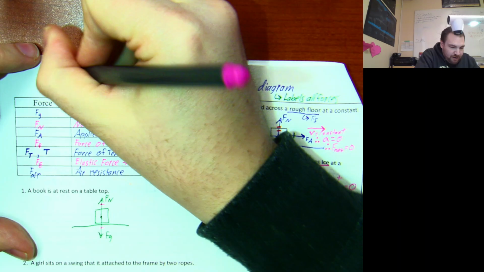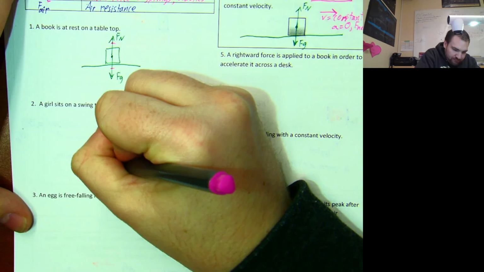What forces are acting on the girl on the swing? Gravity, straight down. T1 and T2 are the same. That's not on the girl. That's on the swing.